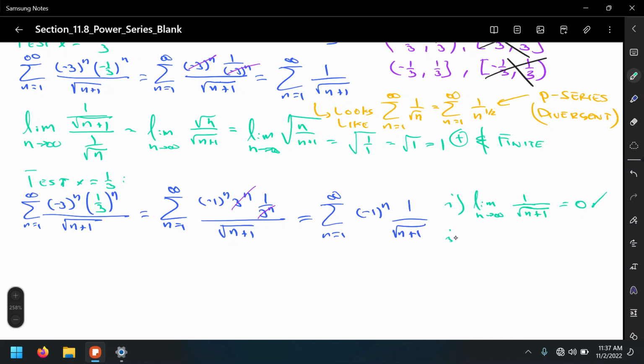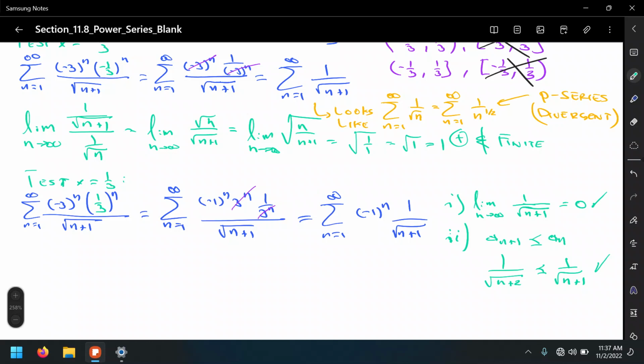The second condition is that the sequence without the alternating factor is decreasing, and we show that by showing this inequality right here. That's 1 over the square root of n plus 1 plus 1, which is n plus 2. Is that less than or equal to 1 over the square root of n plus 1? Is that inequality true? Yes, it is, because the denominator on the left hand side is going to be a larger number, giving us as an end result a smaller number, and indeed that checks the sign of the inequality.